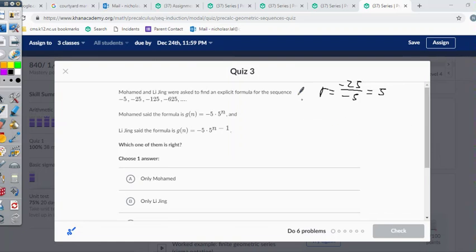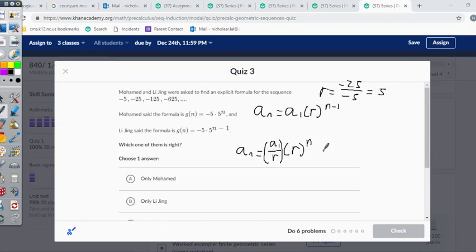Our two ways to represent an explicit sequence are a n is equal to a1 times r to the n minus 1, or a n is equal to a1 over r times r to the n.